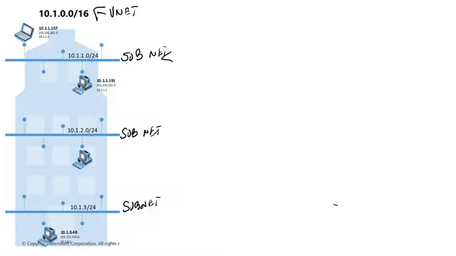So what I can now do is at the subnet level, I'm just going to erase all of this, I can put an NSG at each of the subnets within the VNet.